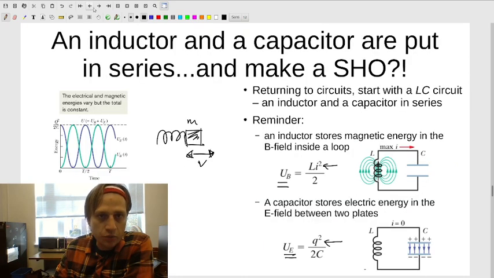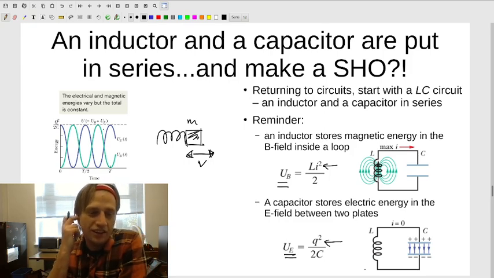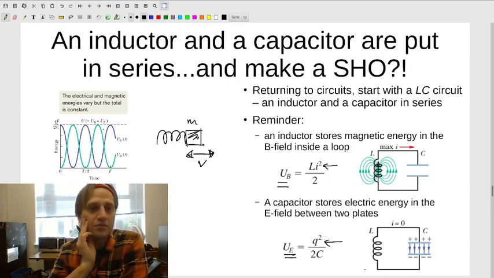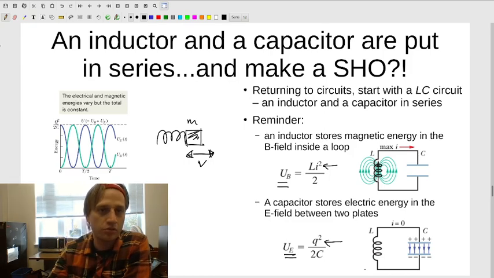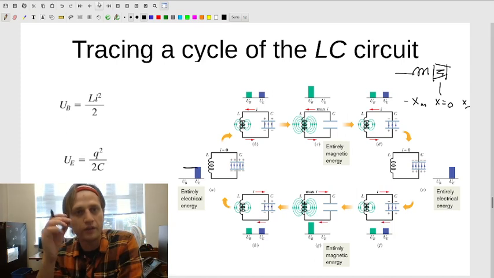Okay, so that's what your book tries to show here in this graph, where the electrical and magnetic energies have essentially double the frequency of the system itself. The system goes through some cycle, but the energies are trading off at double that rate.